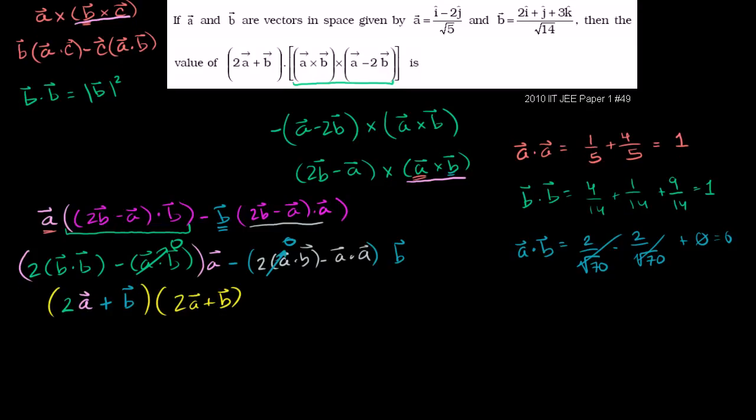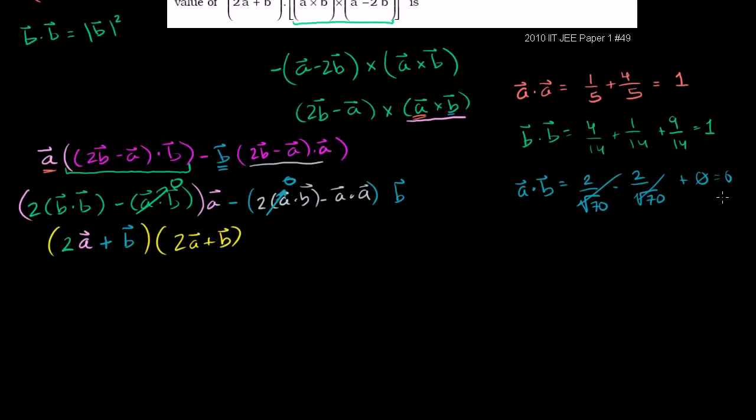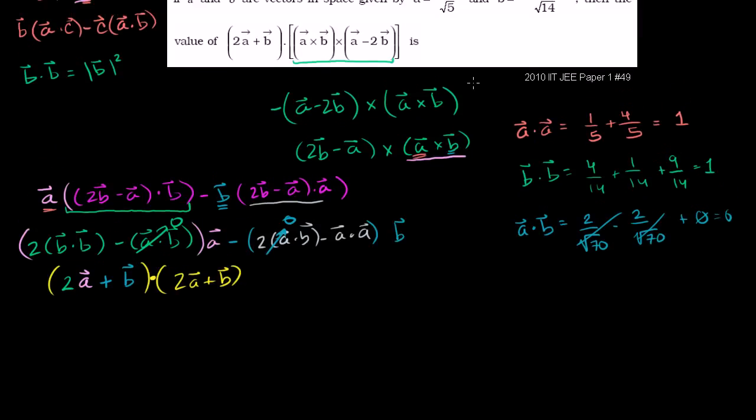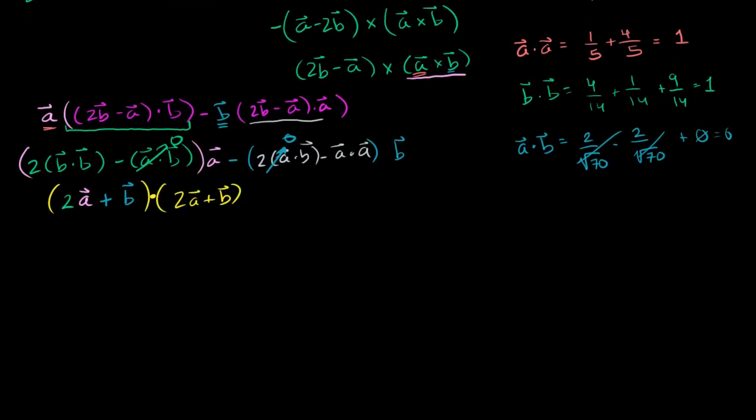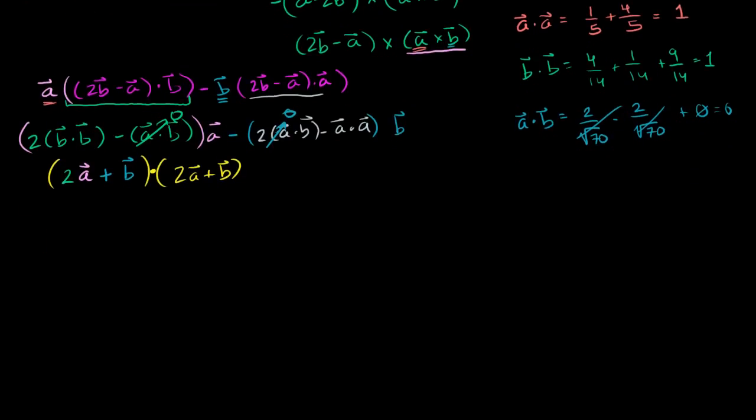And here, the distributive property applies to the vector dot product. Let me make sure we remember. This is a dot product that we're taking. So this whole thing was 2a plus b. I'm dotting it with another 2a plus b. And now you just use the distributive property here. So you have 2a dot 2a.